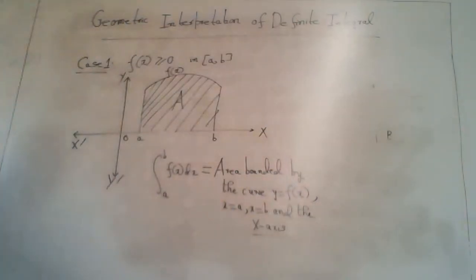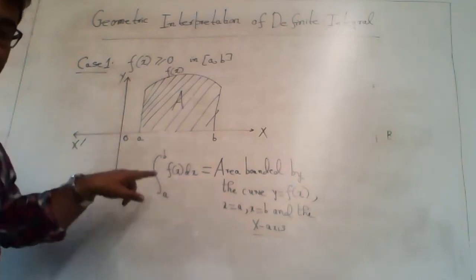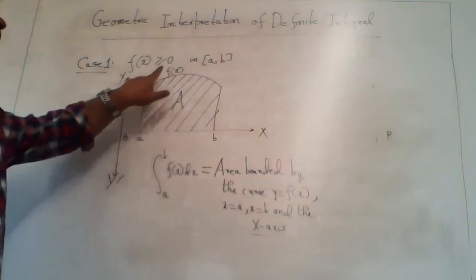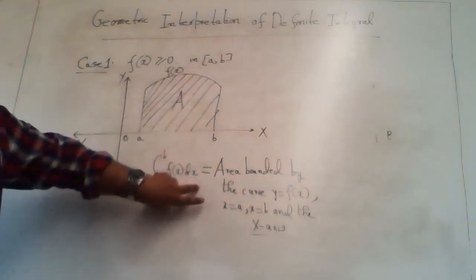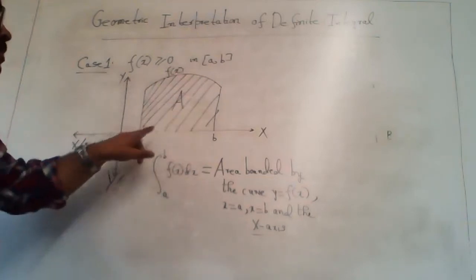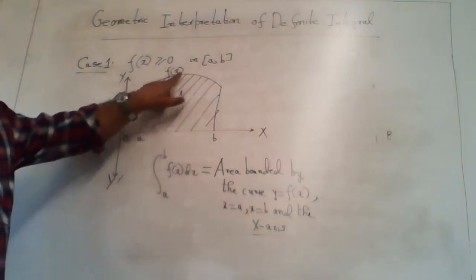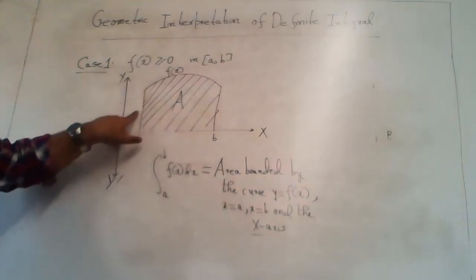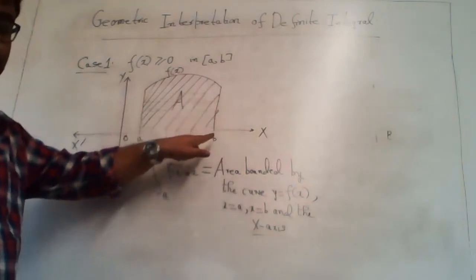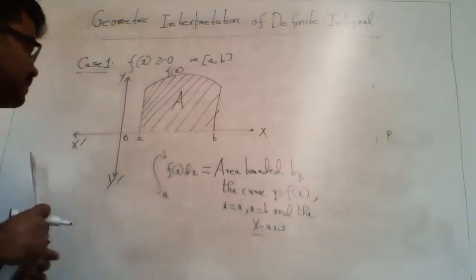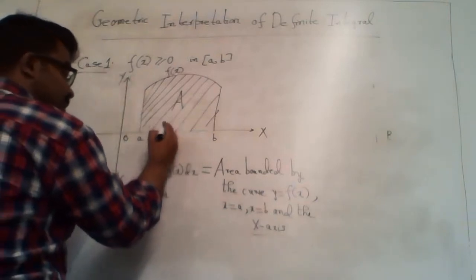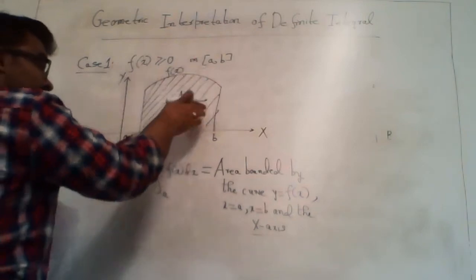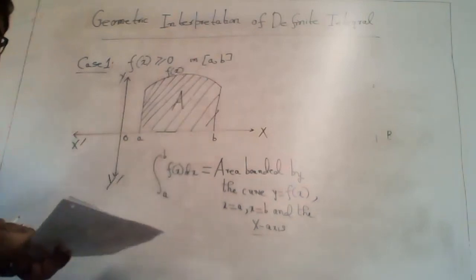So if I integrate a function f(x) from a to b, and if the function f(x) always lies above the x-axis, the value of this integral gives me the area bounded by the curve y equals f(x), the line x equals a, the line x equals b, and the x-axis, not the y-axis, remember the x-axis. This is very important.